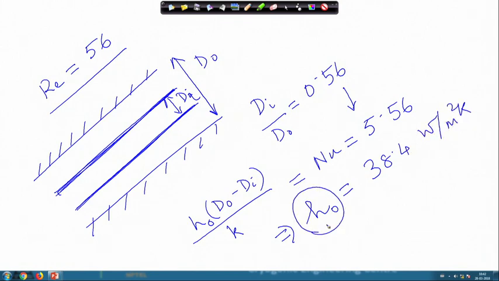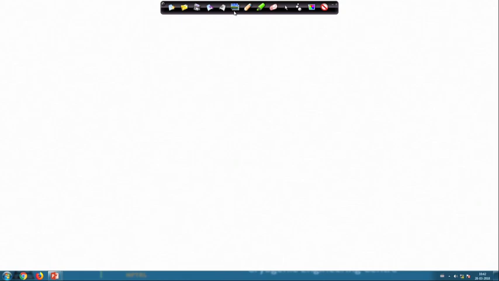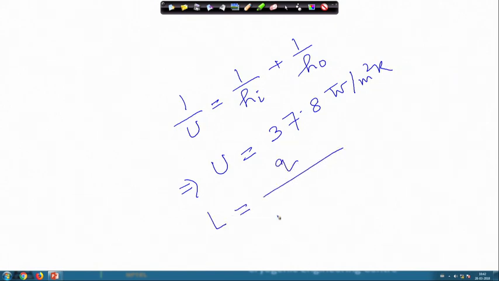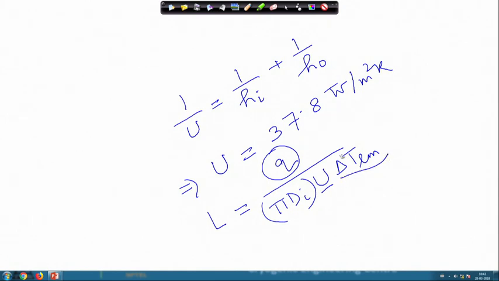Once we know the internal heat transfer coefficient and the external heat transfer coefficient, we can find out the overall heat transfer coefficient. 1 by U is equal to 1 by hi plus 1 by h0, and that would give you an overall heat transfer coefficient U of 37.8 watt per meter square K. This information will now be used in Q equals pi di into U into delta T LM, where we know Q, we have already estimated U, and we have already calculated delta T LM.